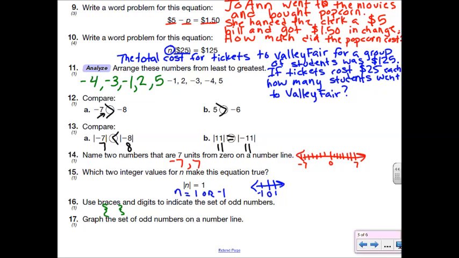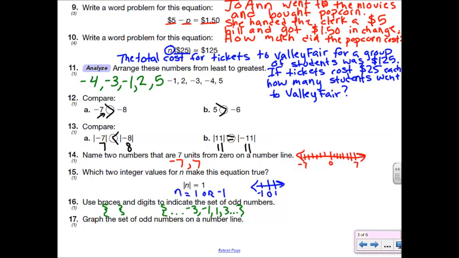So we're going to start with a brace, and it continues on from the first number that we write, because it's a set, it continues on infinitely. So I'm going to give them some examples like -3, -1, and then going into the positives, 1, 3, and so on. The dots mean that they keep on going.